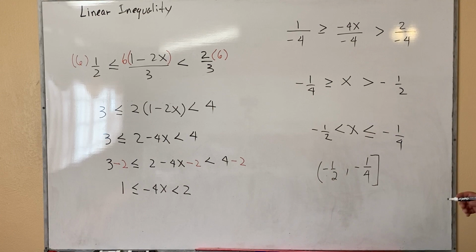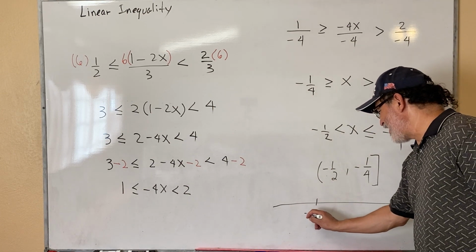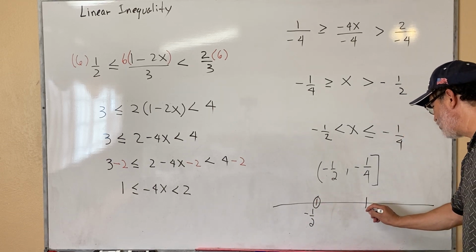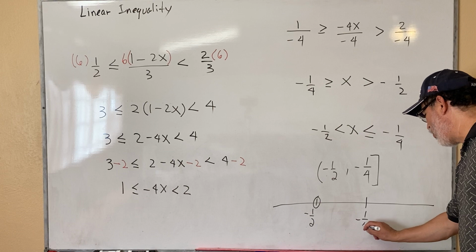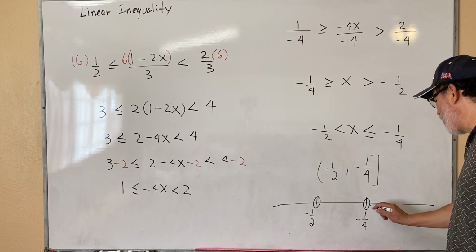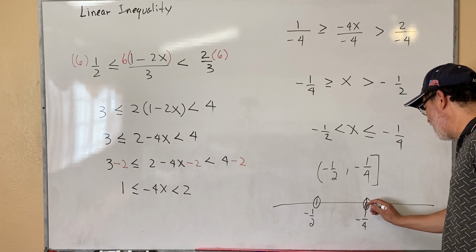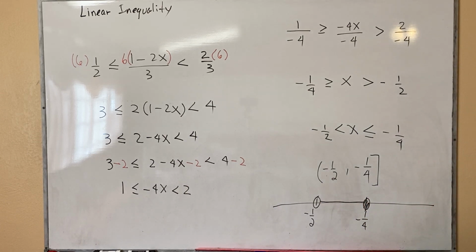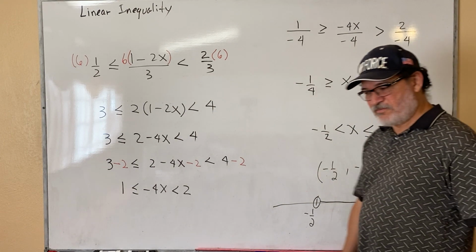And if you want to graph it, go to negative 1/2, circle it, go to negative 1/4, and this one is shaded, and it's everything in between. And there you go. That's the solution.